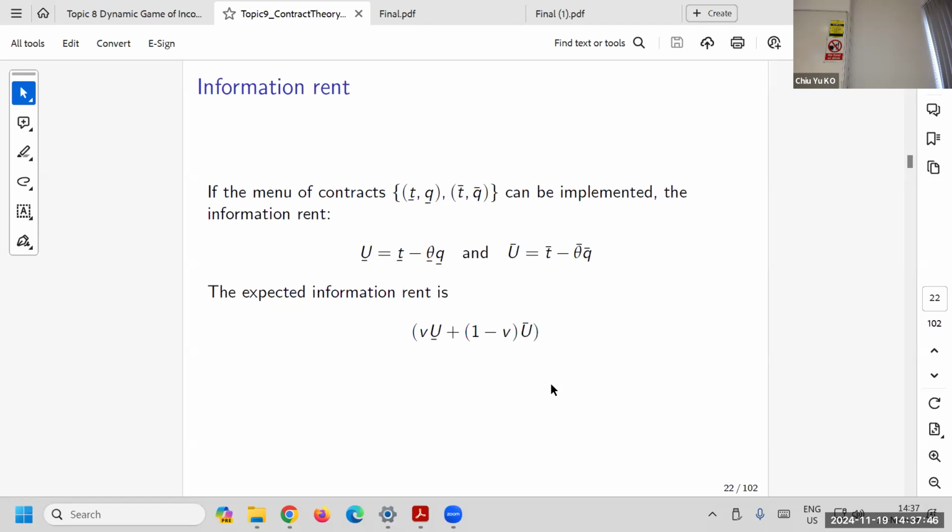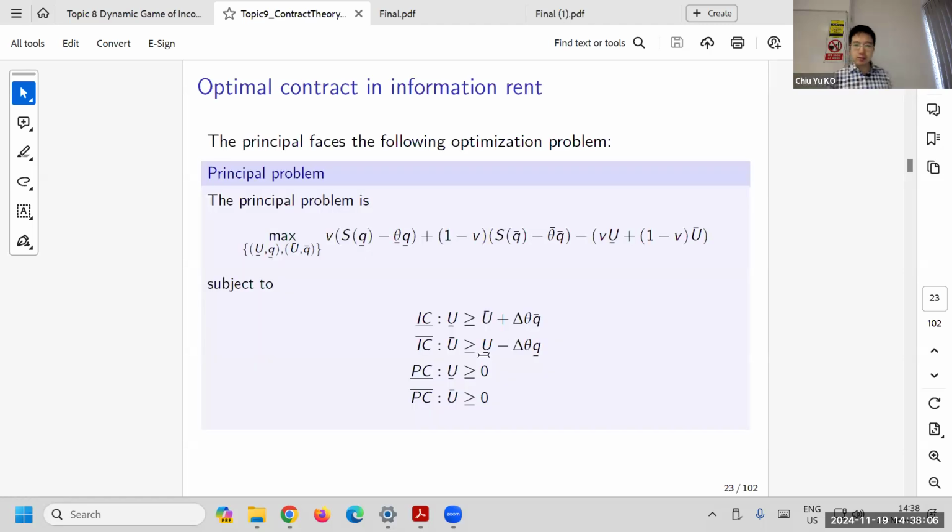What they focus on is rewriting this: this is the surplus for the low type, this is the surplus for the high type, and we write this as the expected information rent. This is what the agent can get. If you write it this way, you can easily see that the principal is maximizing the surplus minus this rent.